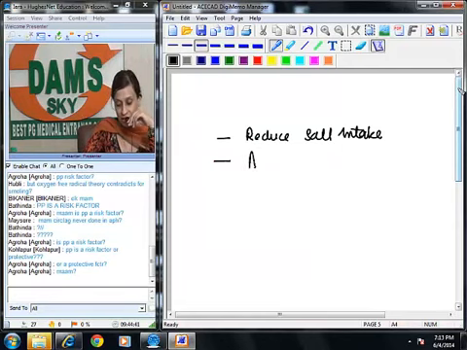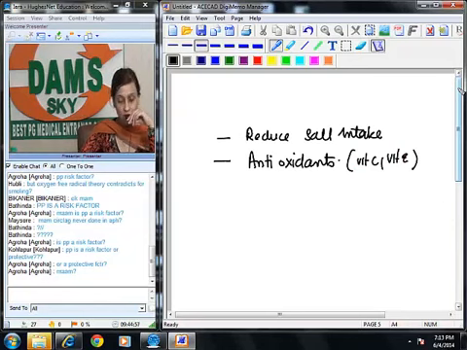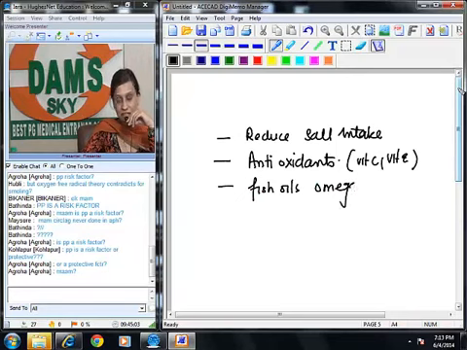Then a lot of people will say, since there is endothelial injury, please consume antioxidants. Since there is ischemic injury, consume antioxidants and it will prevent preeclampsia. For example, they'll say take vitamin C, take vitamin E. Then fish oils, which are rich in omega-3 fatty acids.